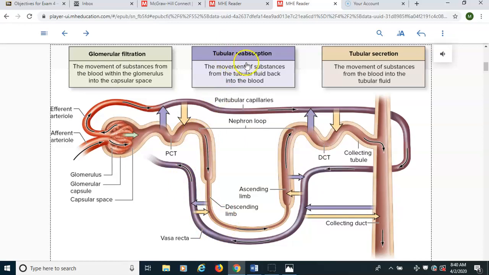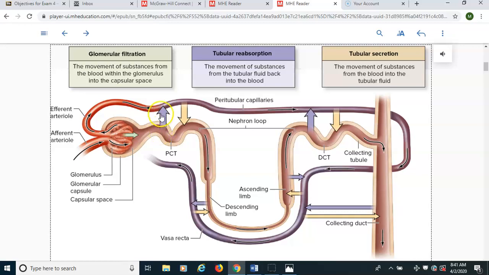So tubular reabsorption is whenever things from the tubular fluid move back into the blood. So they call that reabsorption. They get reabsorbed and move back into the body through the blood. So that's tubular reabsorption, movement of substances from the tubular fluid into the blood.